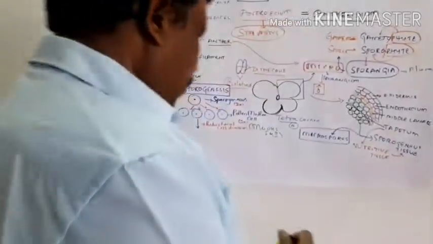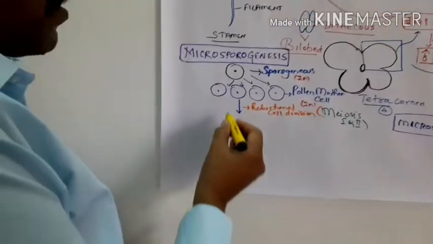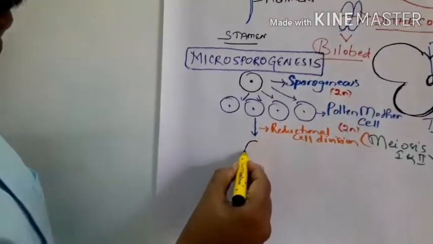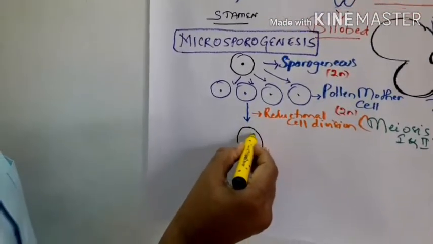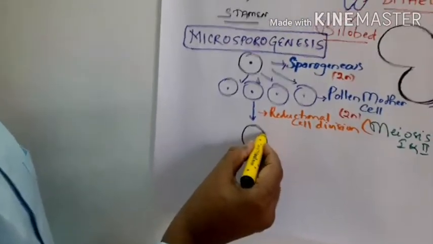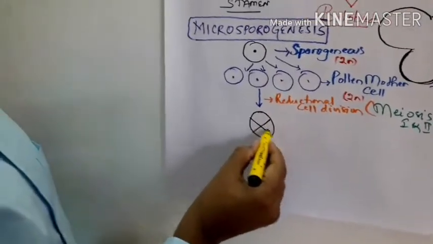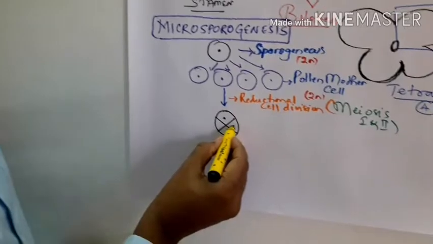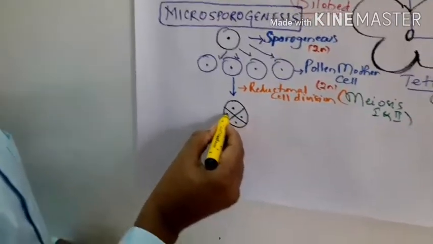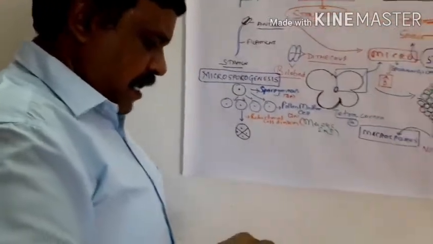So there is a formation of the 4 cells here. You can represent that in this manner. You have one cell here, second cell, third, and 4 cells are formed here. What is the name of these 4 cells?